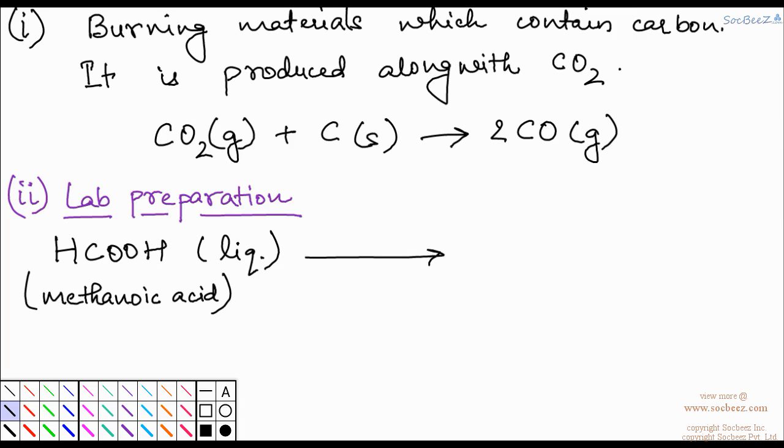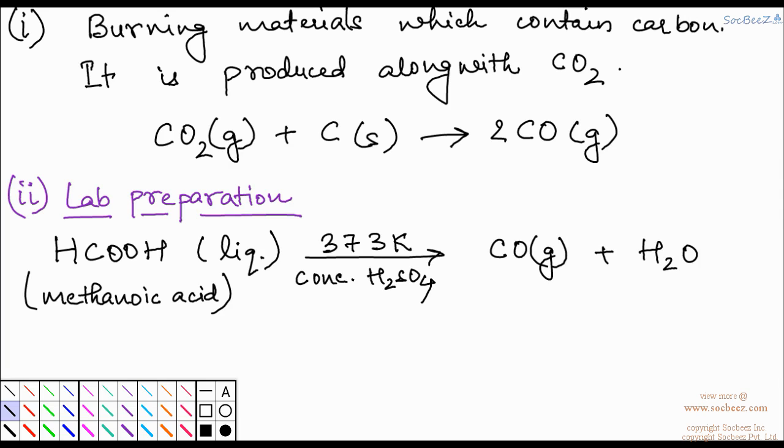One of the dehydrating agents you know is conc H2SO4, that is concentrated sulfuric acid. So heating methanoic acid in presence of concentrated sulfuric acid at 373 Kelvin will give carbon monoxide gas, and water would be removed.